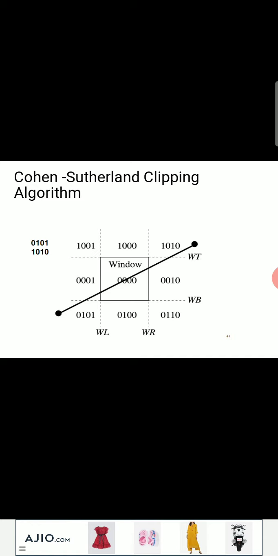So this is the third case, where the two endpoints are outside the window, but the middle part of the line is visible as it is lying inside the window.